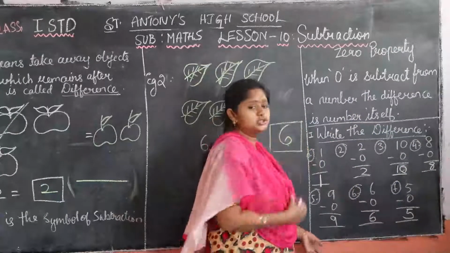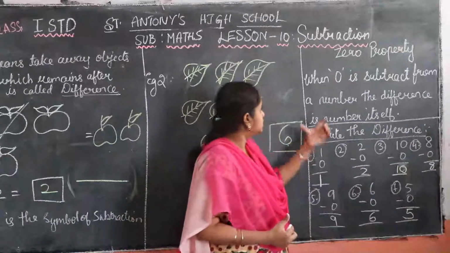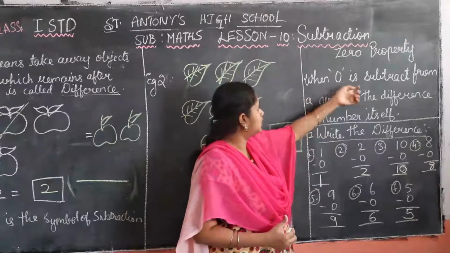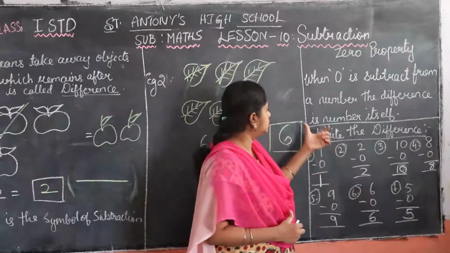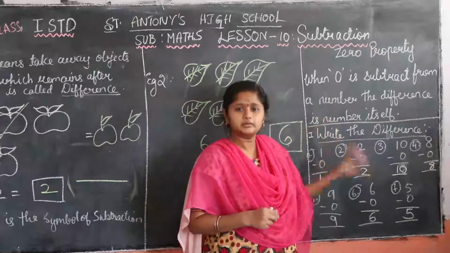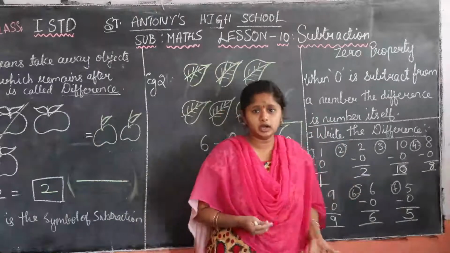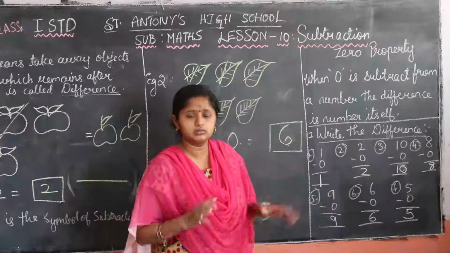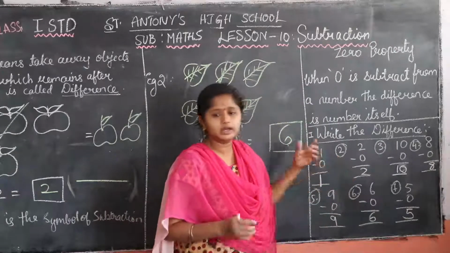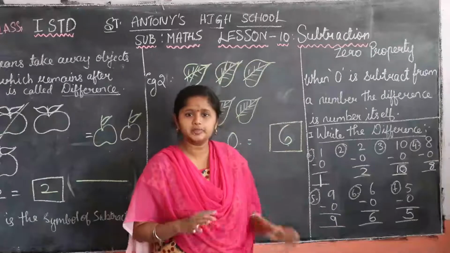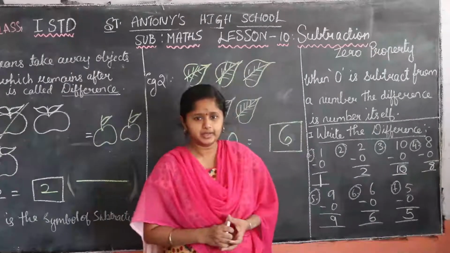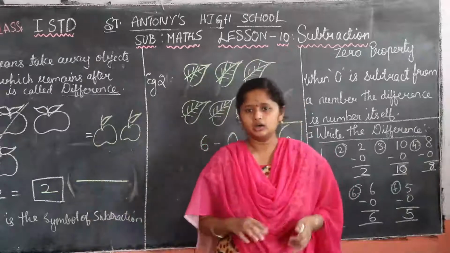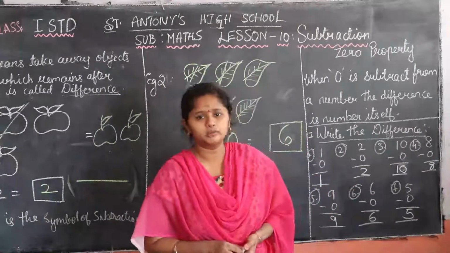So have you all understood, children, the zero property? Zero property means what? When 0 is subtracted from a number, the difference is the number itself. When you subtract 0 from any number, you will get the same number only. Okay children, is it very easy? Yes. So we'll solve still more other properties.